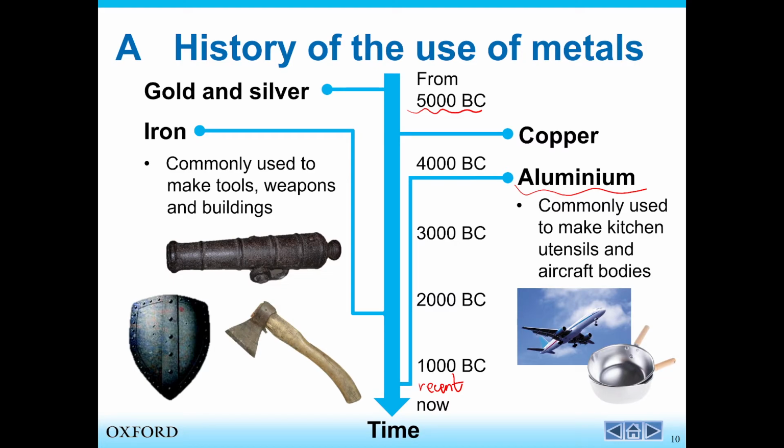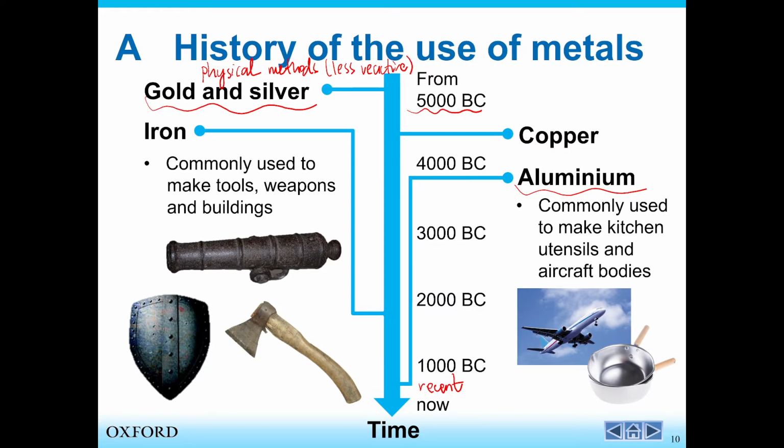This comes back to the ease of extraction. Gold and silver, as I said, are very, very easy to extract. You can just do some physical methods to extract them. It also has to do with reactivity. Gold and silver are less reactive; they don't really react much with other elements.